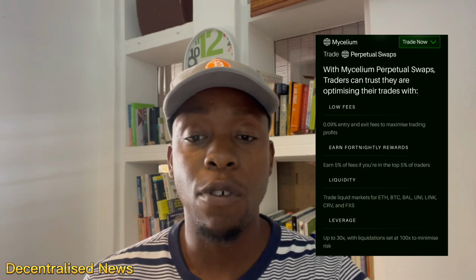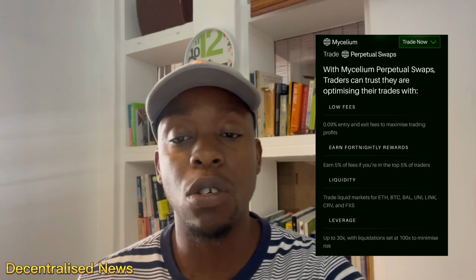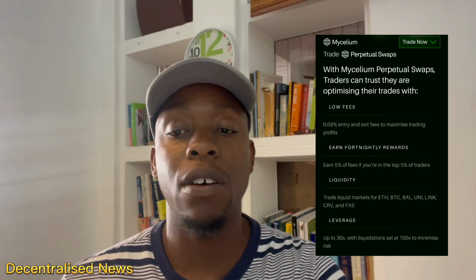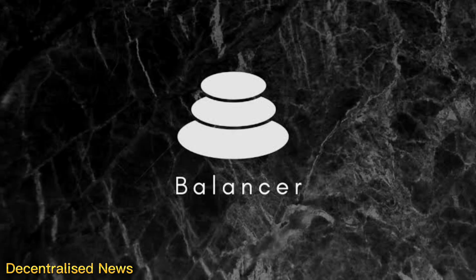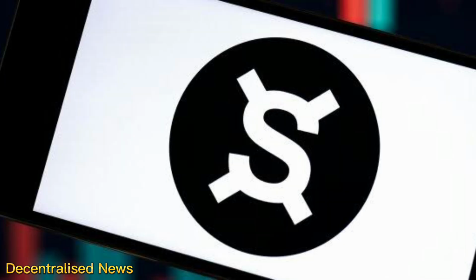Every fortnight, if a user is in the top 5% of traders, they can earn 5% of the fees. Good liquid markets for, let's say, BTC or ETH or Uni, Balancer, Link, Curve, or FXS are all available. And you can have up to 30x leverage with liquidations set at 100x in order to help you minimize risk.